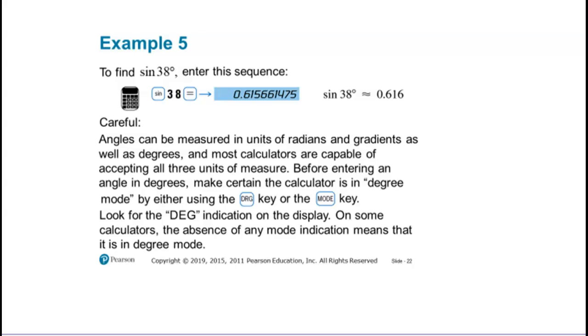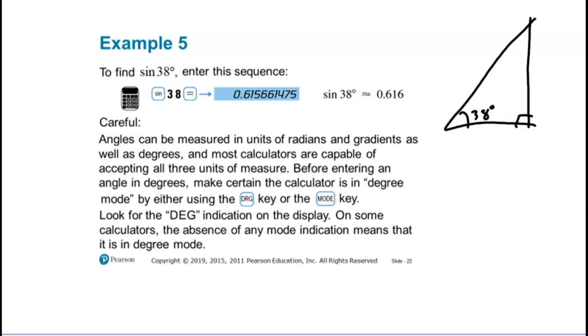So to find the sine of an angle, in this case we're given sine of 38 degrees, let's remember what we're talking about here. We have a right triangle and we have 38 degrees.